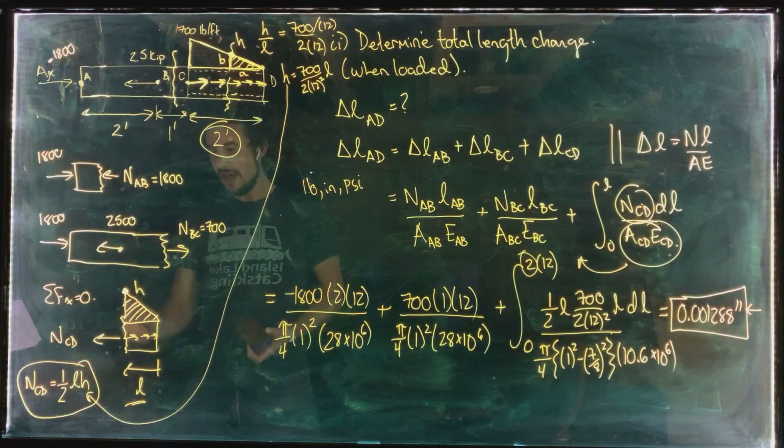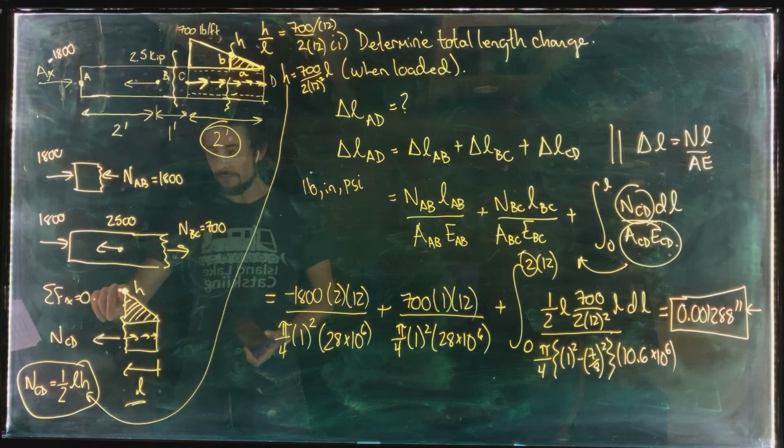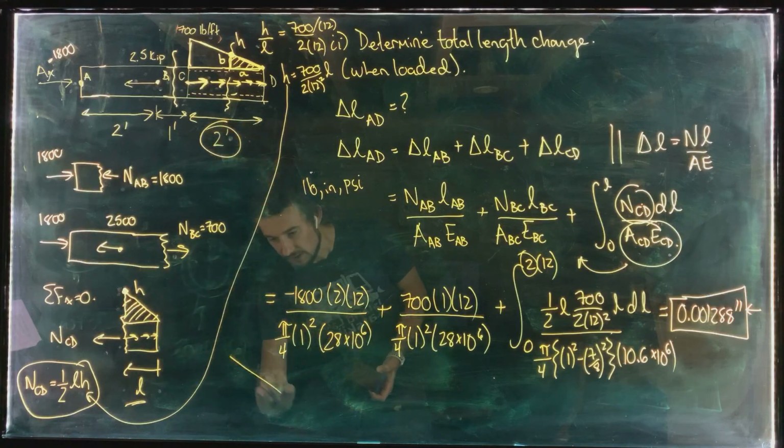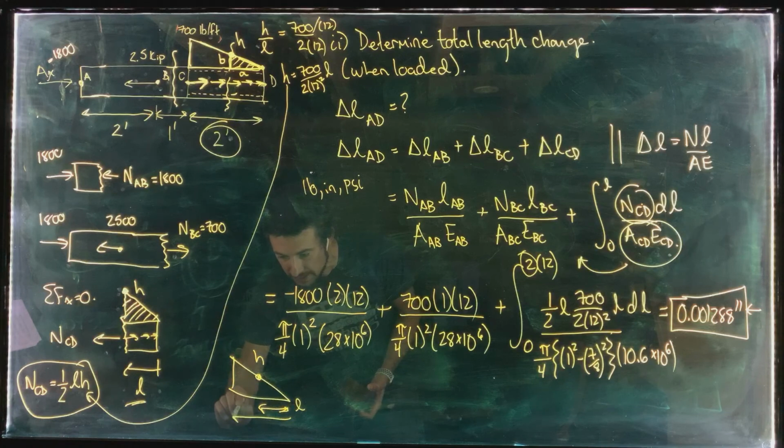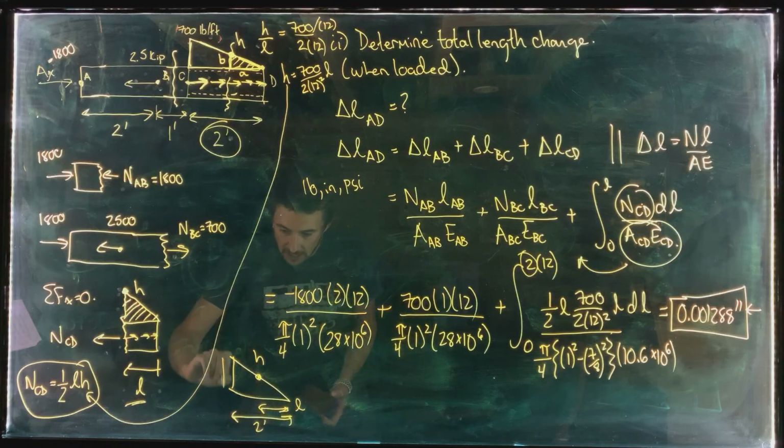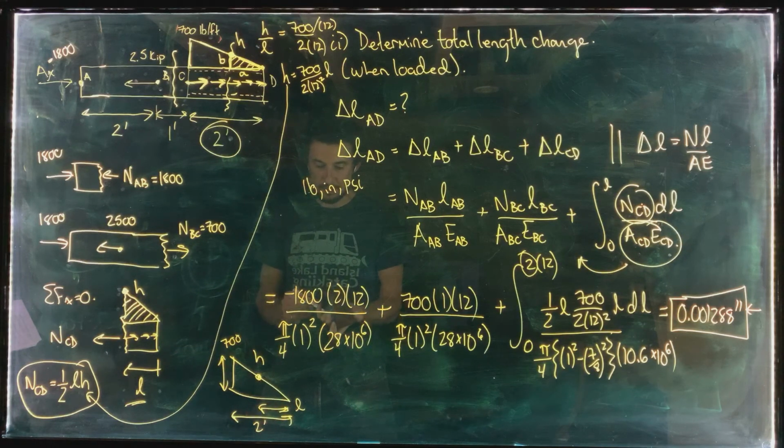And then we said, okay, we have to substitute in for H. So what is H? This is where we used similar triangles to substitute in for H, where this is H, this is L there. The whole base length of that triangle we know is 2 feet, and the whole height we know is 700 pounds per foot.